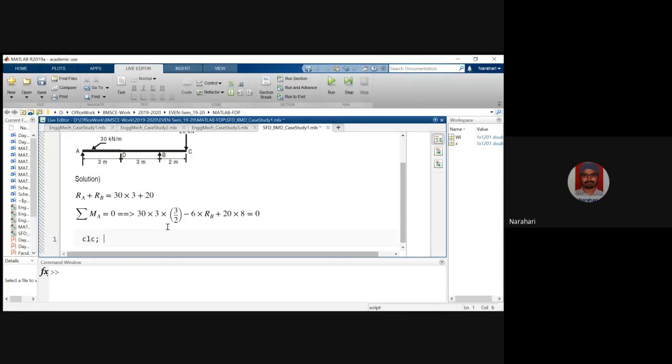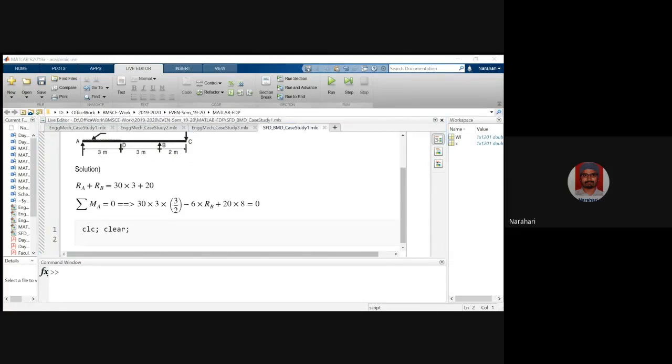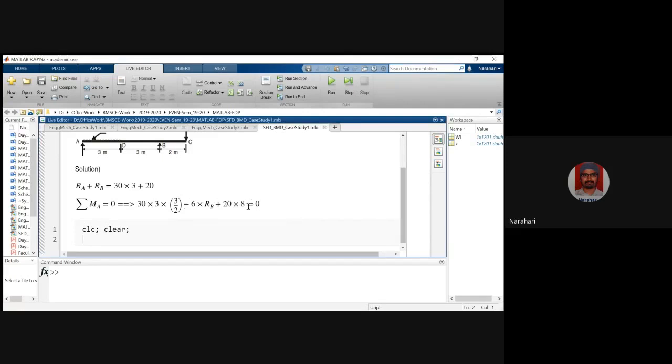I'll say clc, clear, and then I can calculate the support reaction at B first, isn't it? If you take the second equation, I can easily calculate the support reaction at B. It is nothing but you take 6 RB to the right side and divide the whole equation by 6.